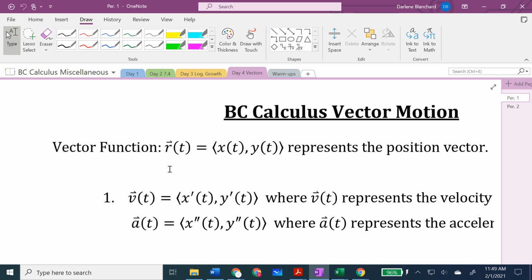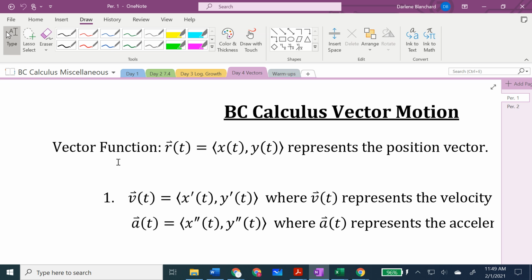This is actually a set of functions. We have a function with respect to time for the horizontal motion and a function with respect to time for the vertical motion. And we are looking at both horizontal and vertical, creating a graph as time progresses forward.